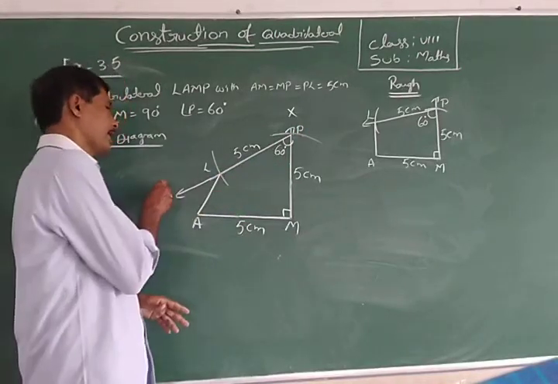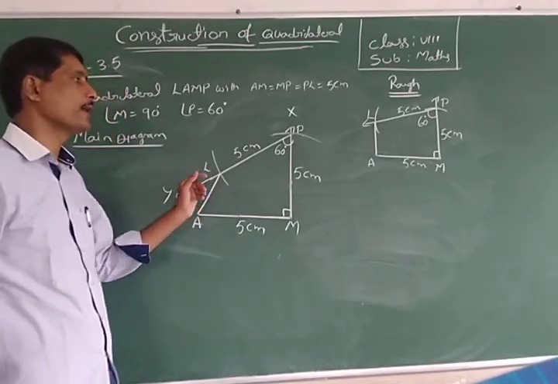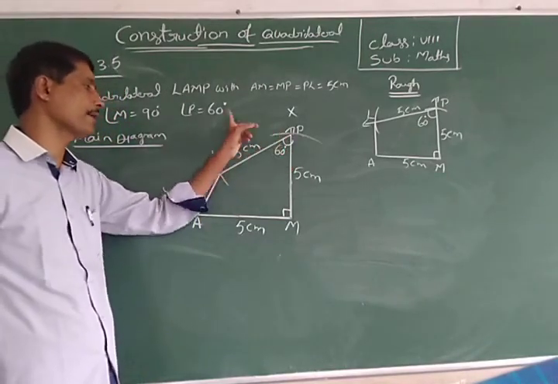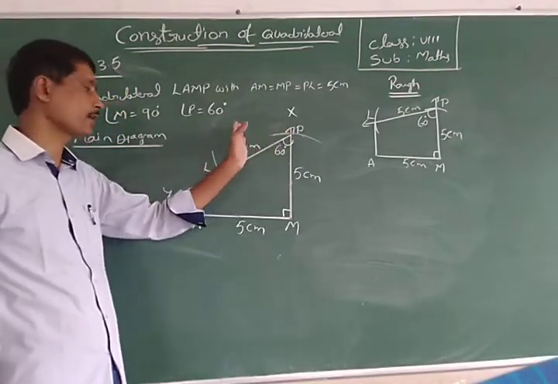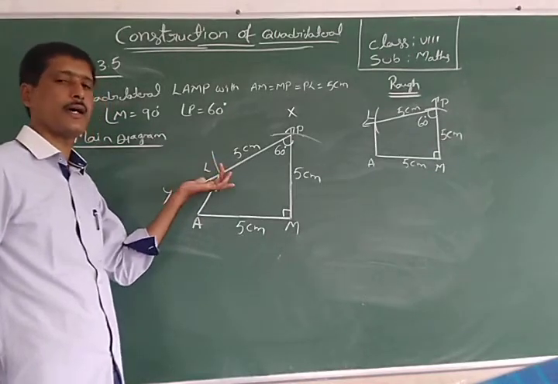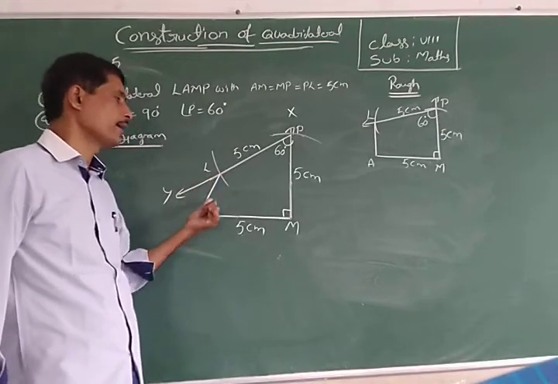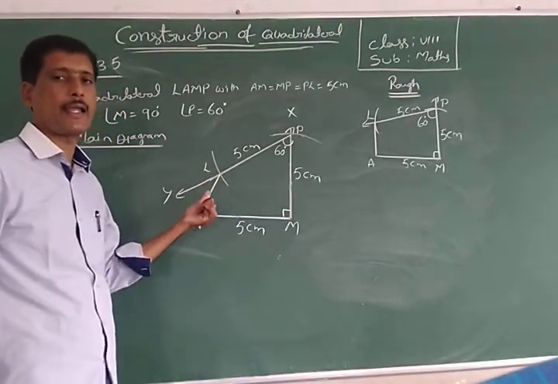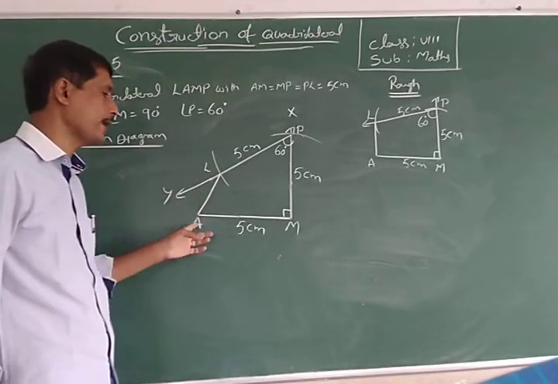Draw a ray. The ray is PY. Next, take P as the center, draw the arc with 5 centimeters. The arc and ray intersect at one point. The point is L. Join AL or LA. Therefore, form the required quadrilateral LAMP.